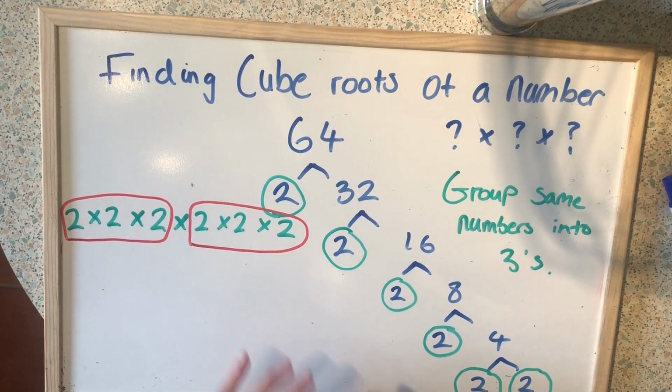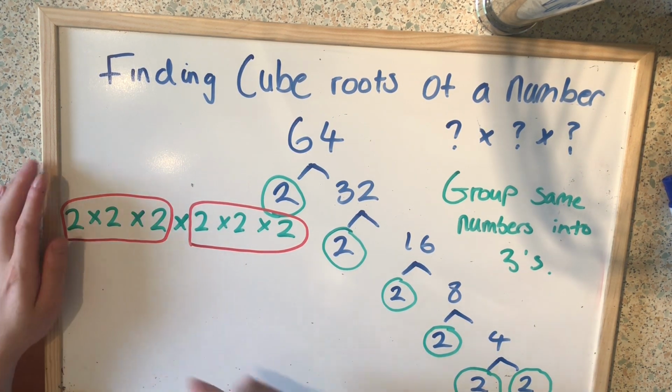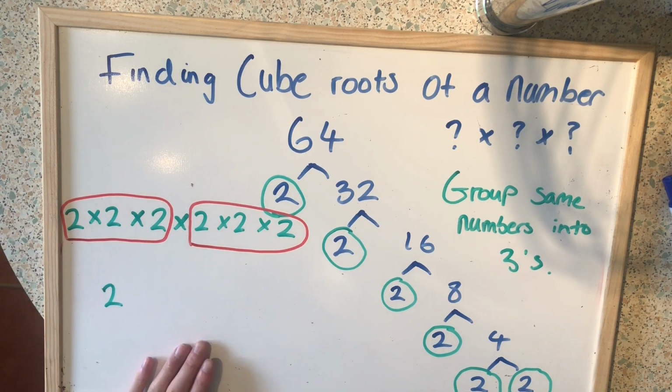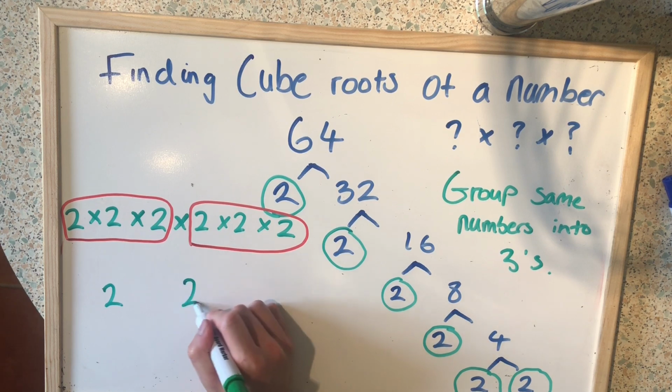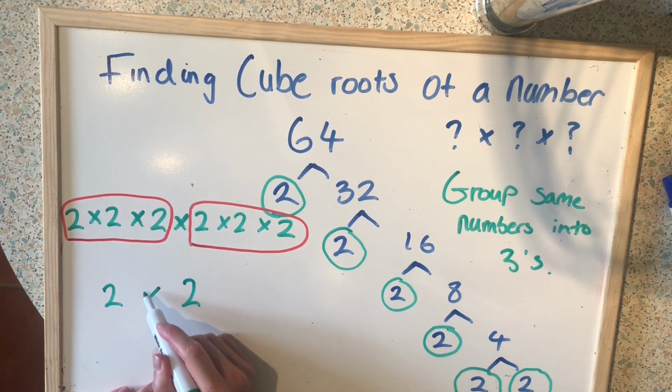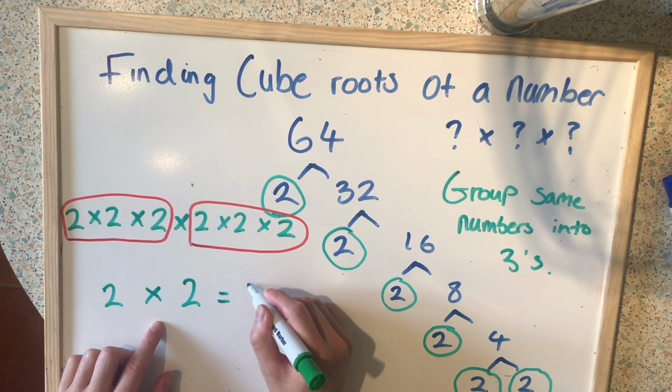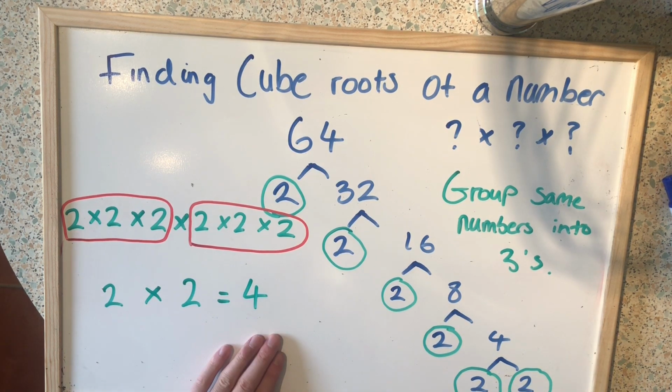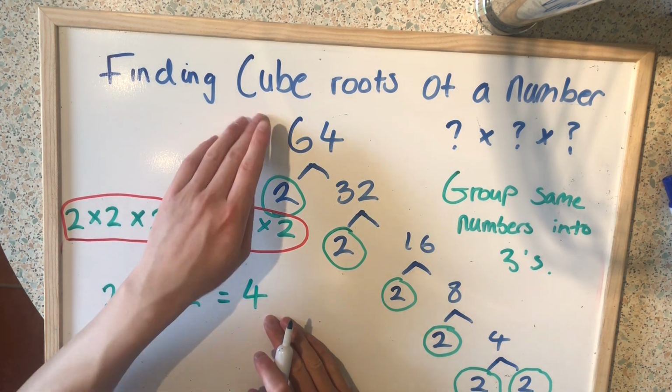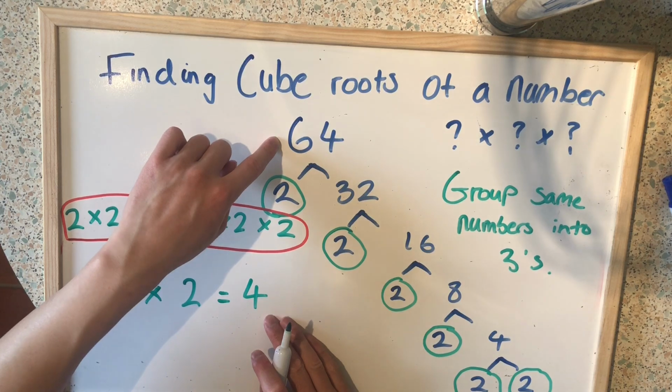And then, again, we take one number from each group. Just take one number from this group, I'll just take 2 because they're all 2's, and take one number from this group, and they're all 2's, so it's just 2. So 2 times 2 gives us 4. So 4 should be our cube root of 64.